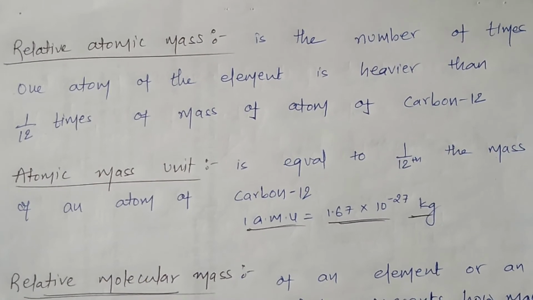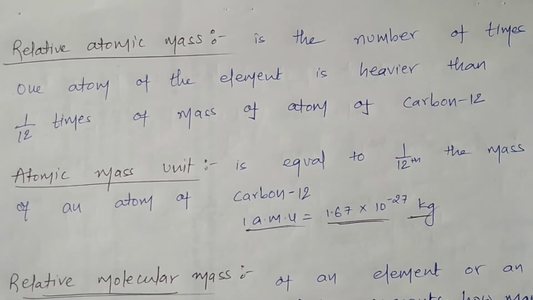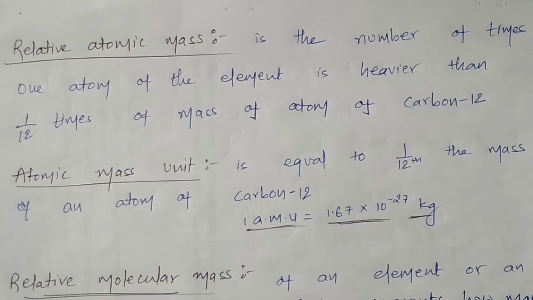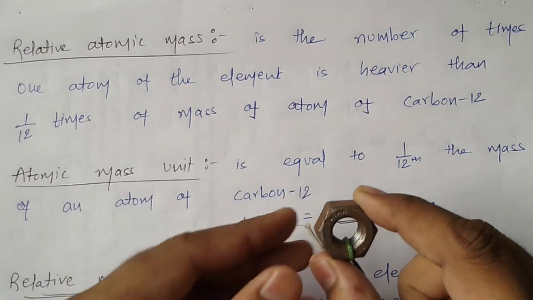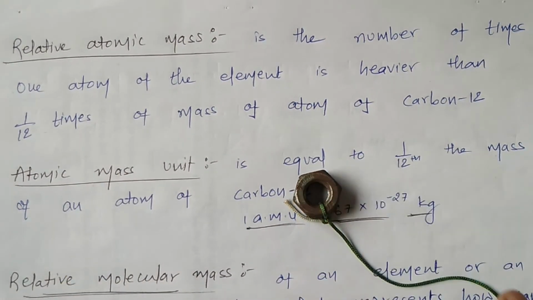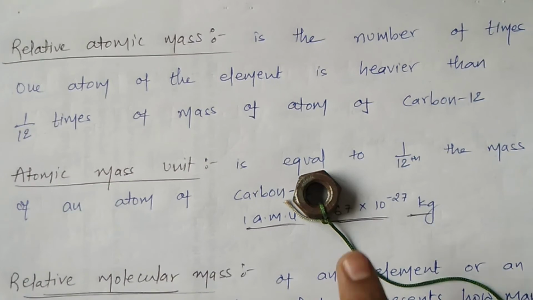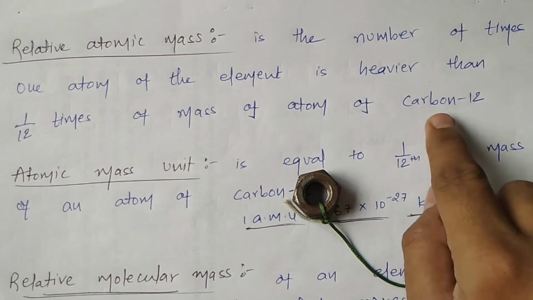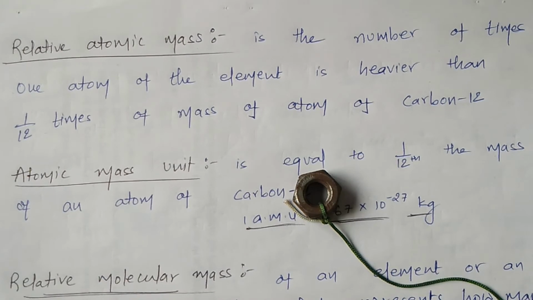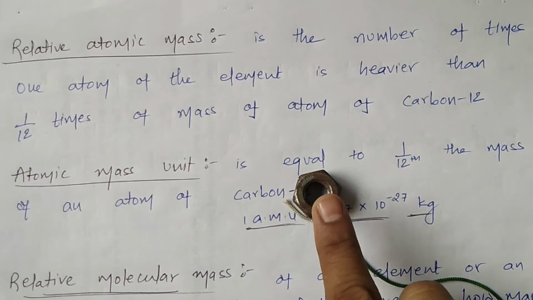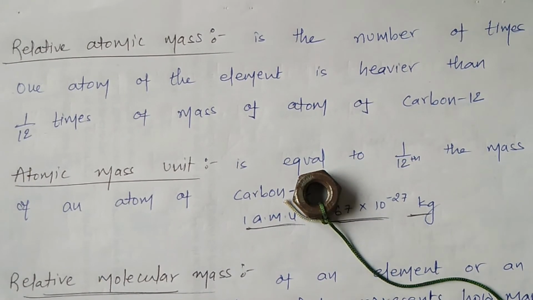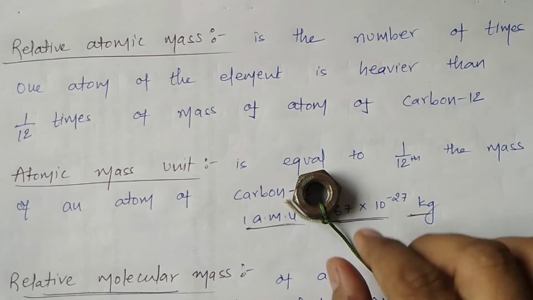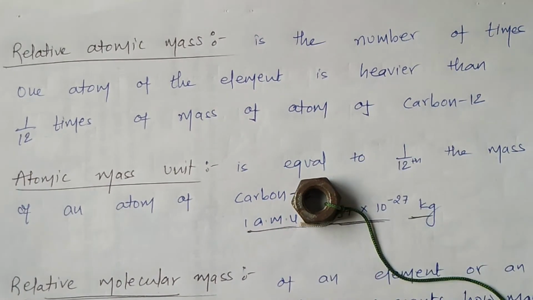Alright, say for example, I have an atom, and it must compulsorily be an atom of carbon 12. Carbon 12 means what? It possesses 6 protons and 6 neutrons, 6 protons and 6 neutrons forming 12 atomic mass. Alright, it should be compulsorily carbon 12. First understand that thing. So now there are 6 protons and 6 electrons.